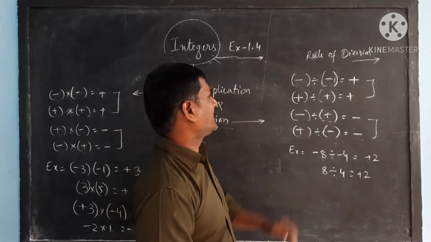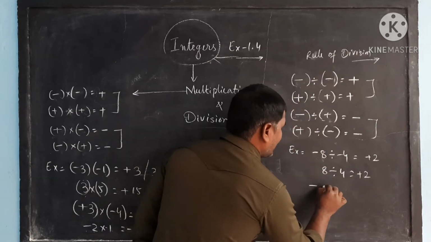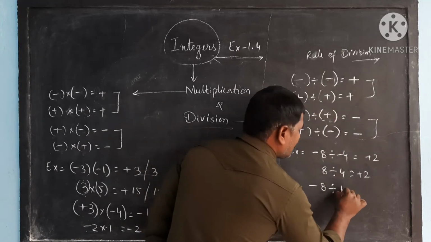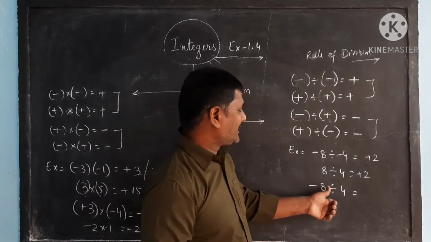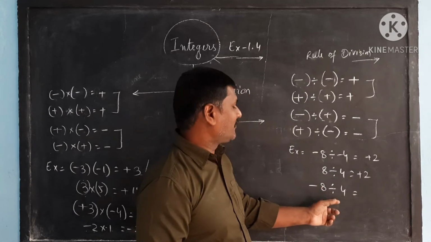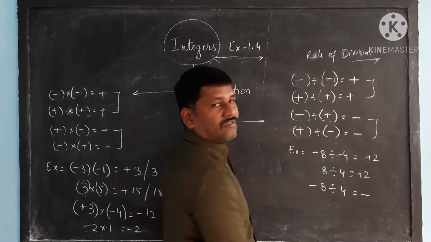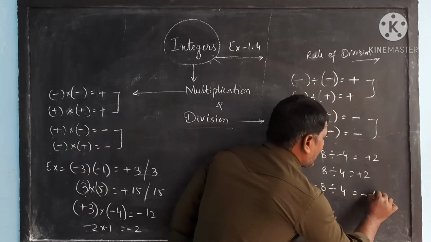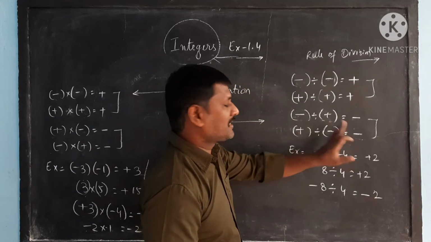Let us take one more example related to the third rule: minus 8 divided by plus 4. When a negative number is divided by a positive number, you will get a minus. Then 8 divided by 4 is 2, so minus 2. Similarly, when a positive number is divided by a negative number, you get the same result.